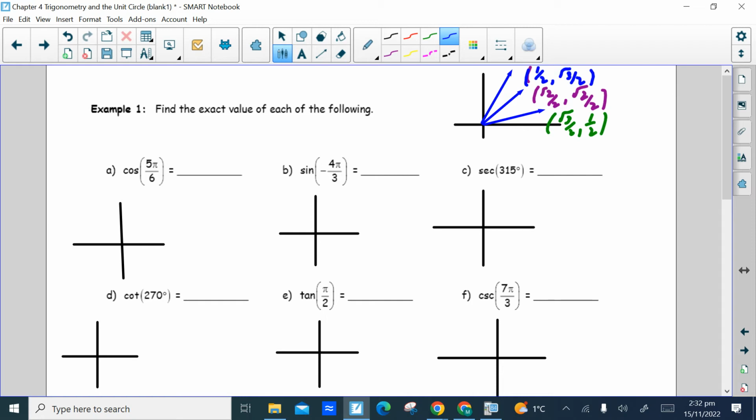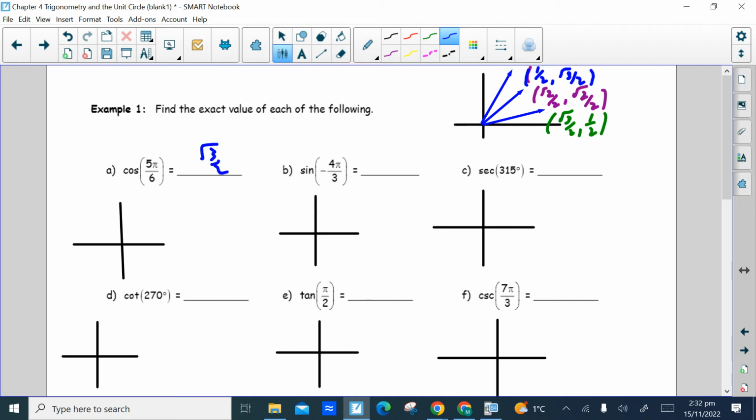The cosine of 5 pi on 6. So it's going to correspond to the angle in the first quadrant with the same denominator of 6, which is pi on 6, which is our first stop. The cosine is the x value, which is root 3 over 2.